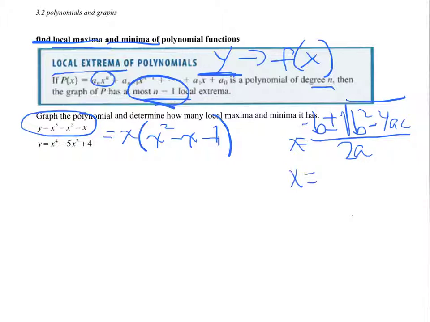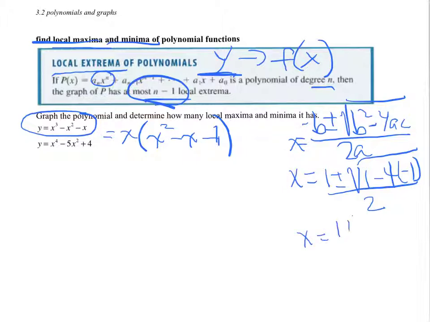B is negative 1, so that's 1, plus or minus the square root of b squared, which is 1, minus 4ac. 4 times a is 1, times c, which is negative 1. And that's over 2a, which is 2. Now, 1 minus 4 times negative 1 is going to give you 5. So x is equal to 1 plus or minus the square root of 5 over 2.